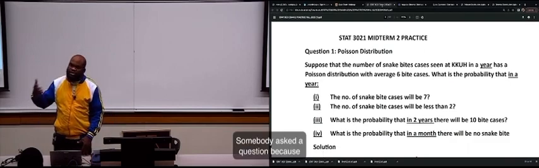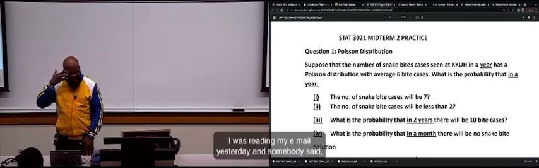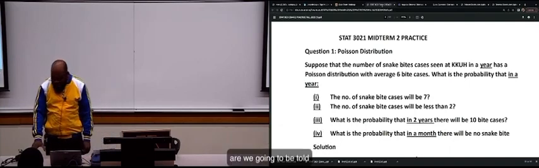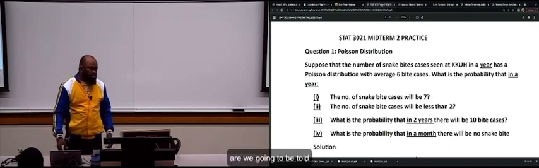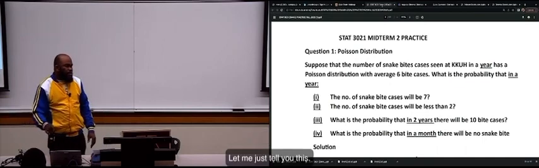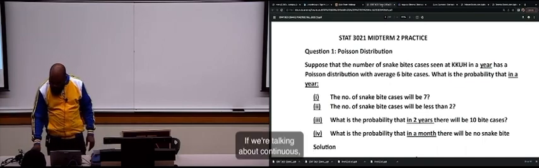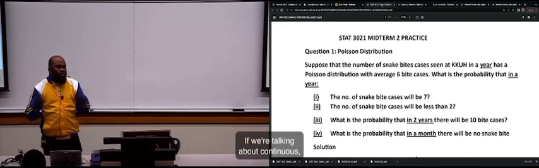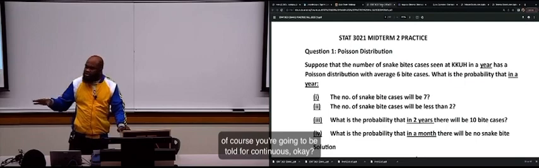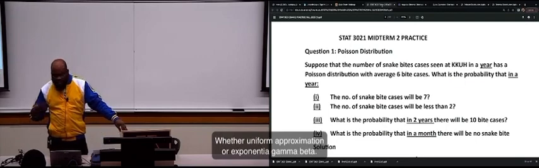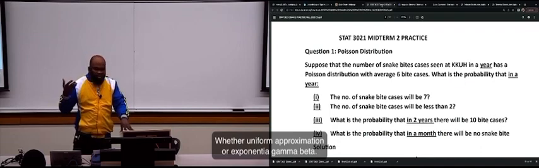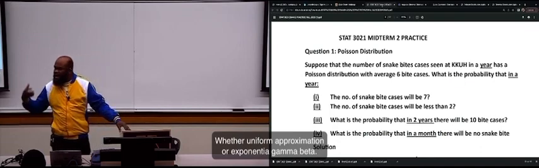Now I'm going to start. Somebody asked a question, because I was reading my email yesterday and somebody said, are we going to be told the name of the distribution in the test? Let me just tell you this. If we're talking about continuous, of course you're going to be told, whether uniform, normal approximation, exponential, gamma, beta.